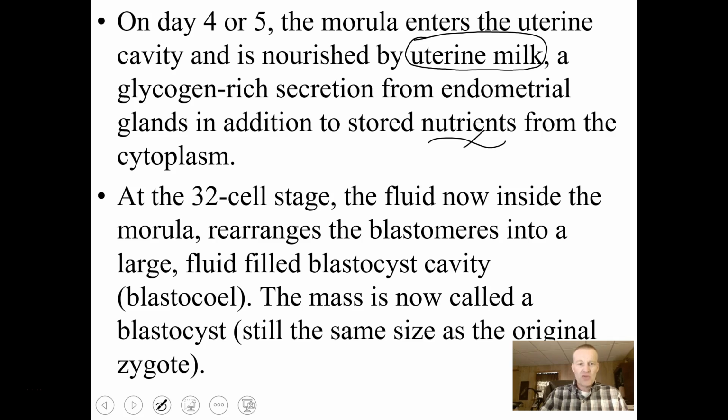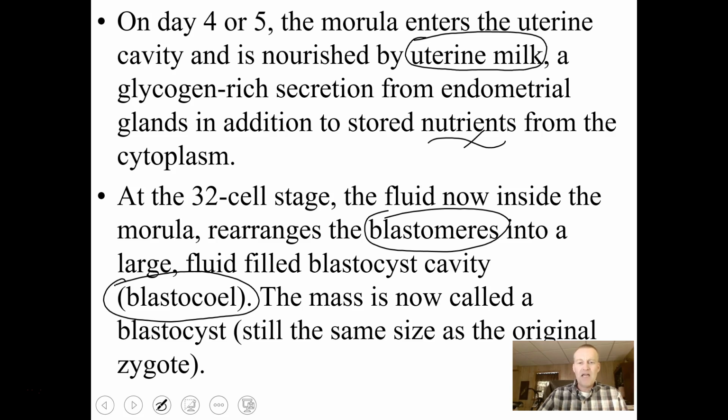So at the 32 cell stage, the fluid now inside the morula is going to rearrange the blastomeres into a large fluid-filled blastocyst cavity. It's also called the blastocele. So we're going to form a hollow cavity inside of this little ball of cells by taking some of that uterine milk and pumping it in and using that as the fluid.